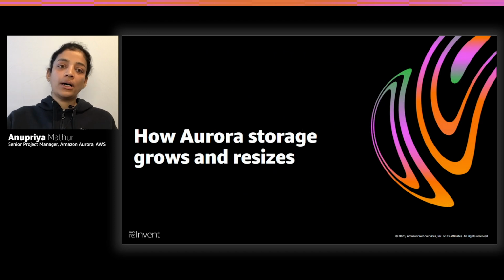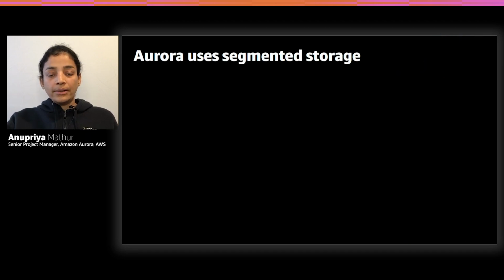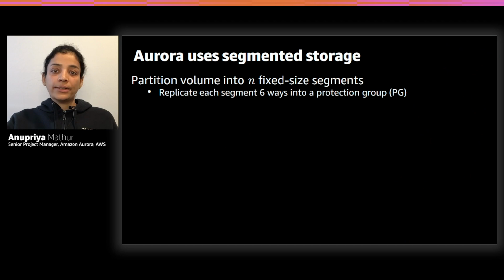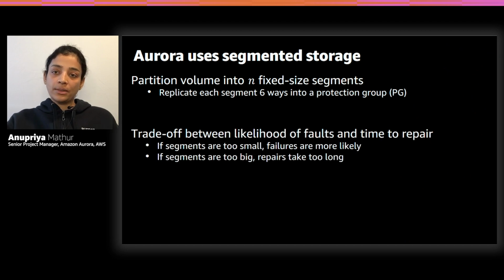Let's now get into how storage in Aurora grows and resizes itself. So a volume in Aurora can grow up to 128 terabytes now, but it doesn't make sense to put 128 terabytes on a single disk, because that would increase our risk on repairing if there are any failures.